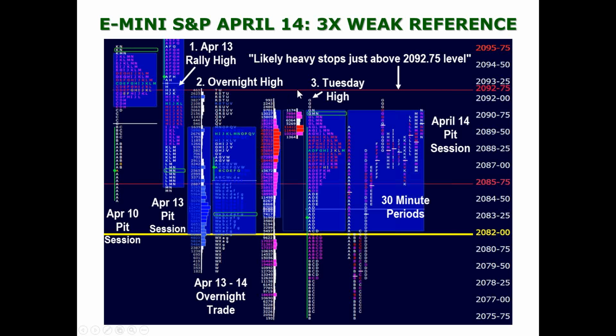So what were short-term traders doing? Mechanically, overnight they were selling at the afternoon rally high, and they were doing the same thing yesterday. It's a very mechanical type of response from traders.